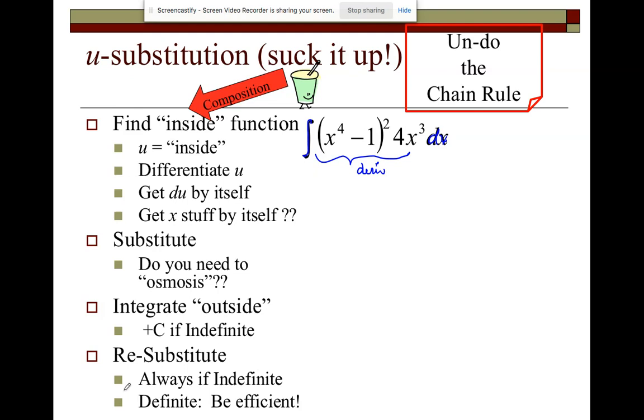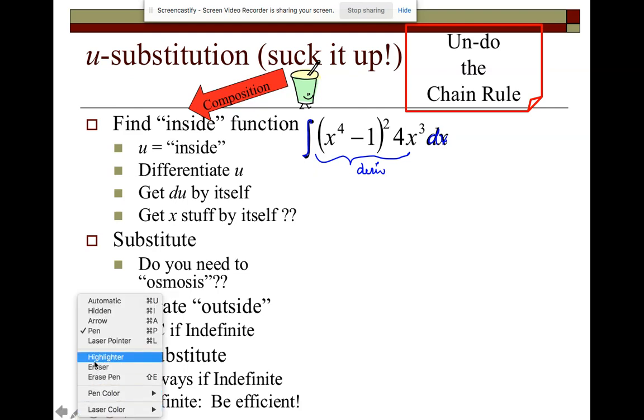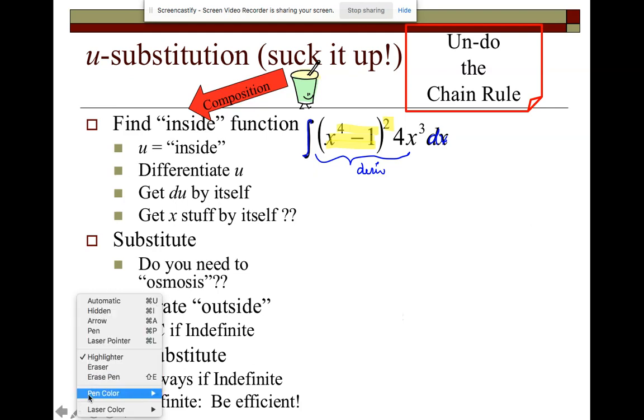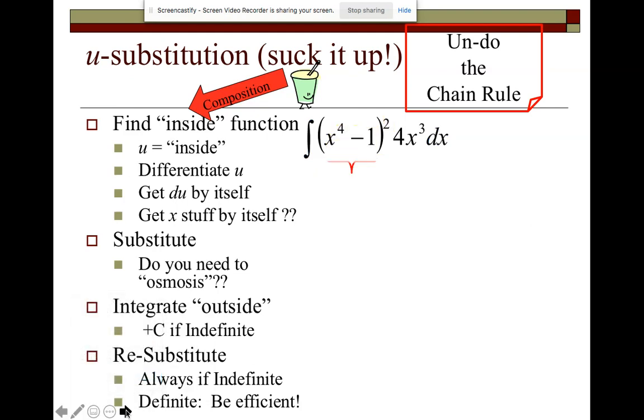Do you see any function that has been shoved inside of another one? Hopefully you see that x to the 4th minus 1 has been pushed inside of squaring. So x to the 4th minus 1 is my inside function. It's been shoved inside a squaring function. So that's step one. I've identified my inside.